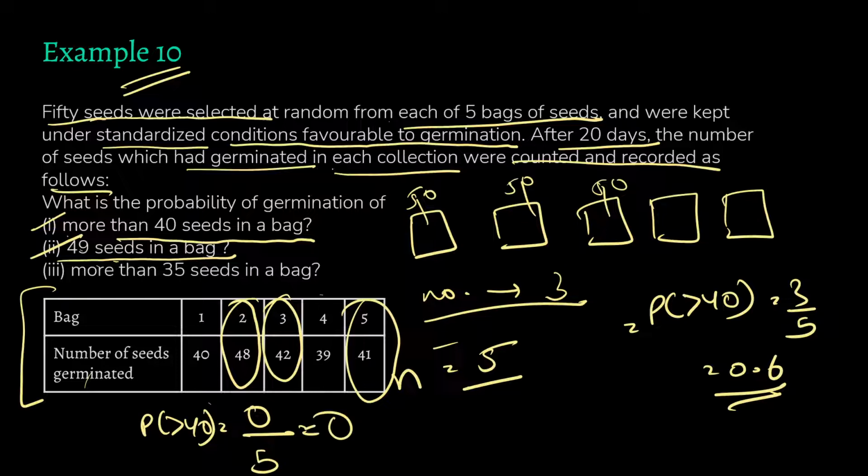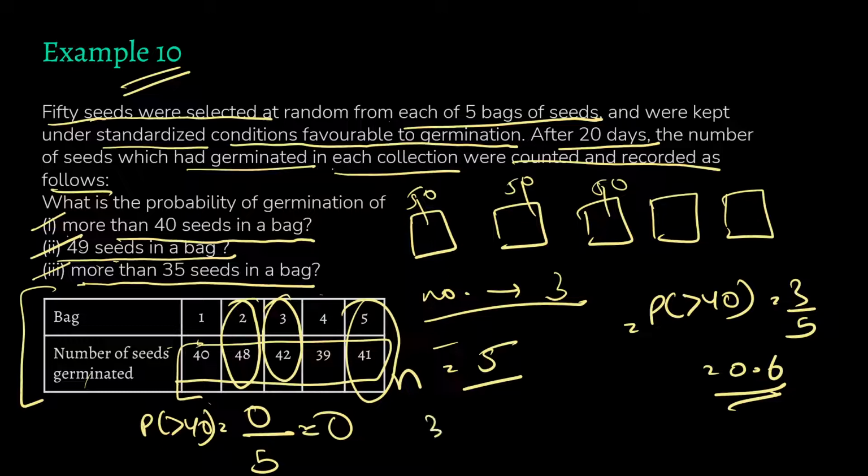Similarly, in the next question, we have more than 35 seeds in a bag. Here we can see that all of these have more than 35 seeds that have germinated.